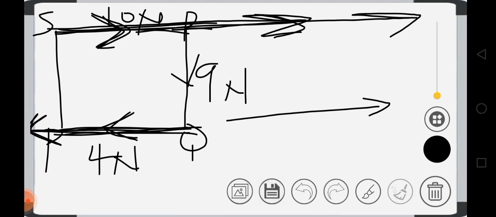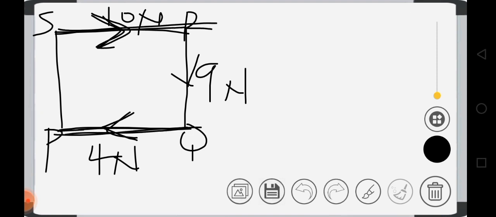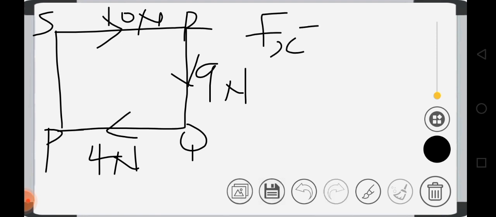So look how to do this one now. It's a very simple thing. You just come and say, okay, the x component will be equal to, you check those moving in the horizontal or along the x axis, which is this and this. This one is going to the right. That is plus 10.